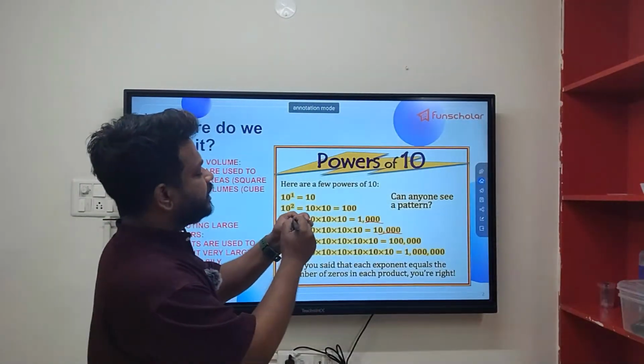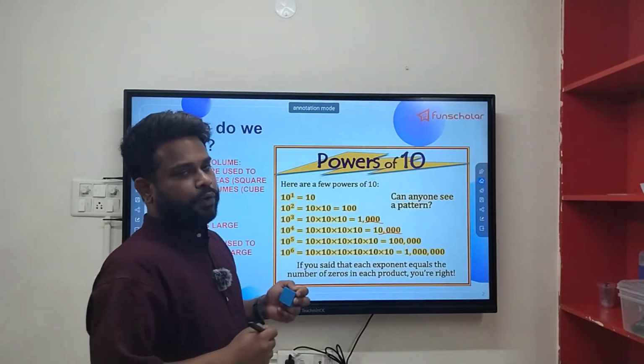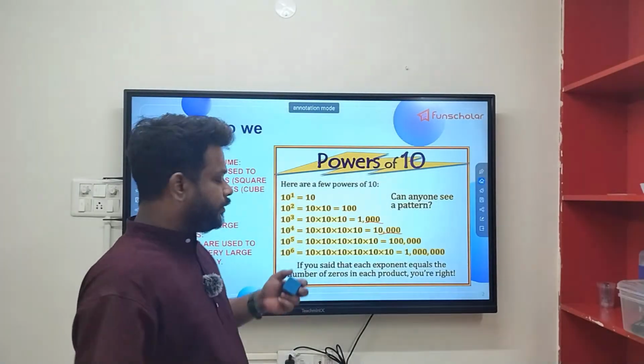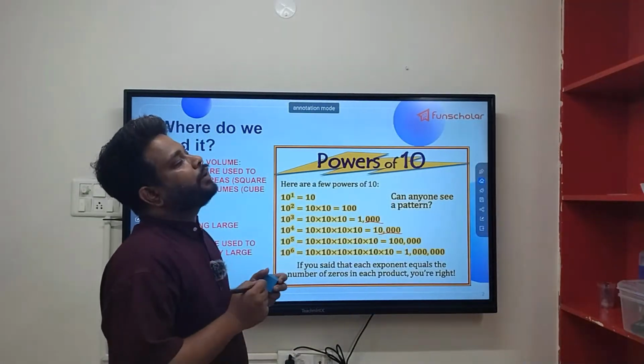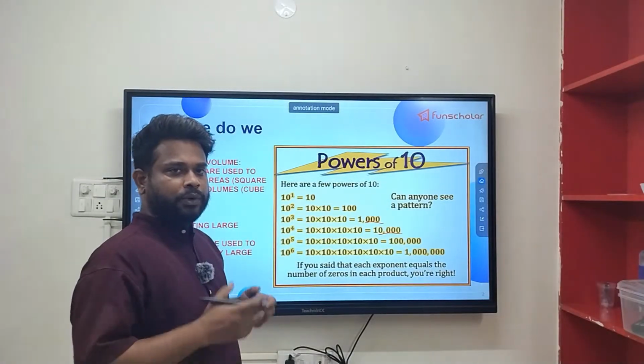But you can think of just this part of it. This will be a square. Why? Because all sides of this square are the same. If I want to calculate the area of this square, side into side will be the area.